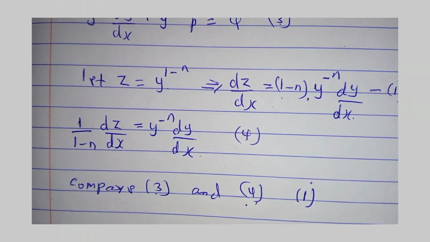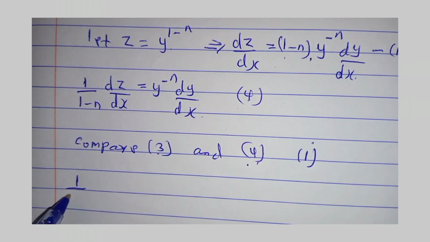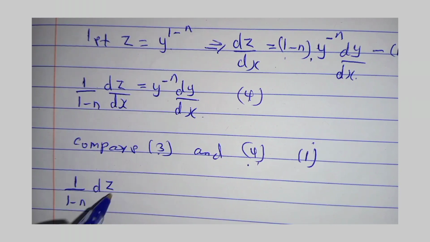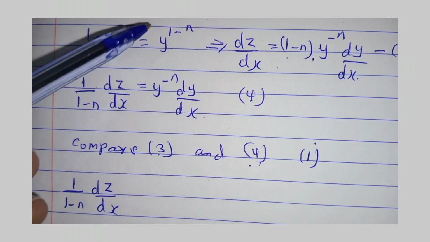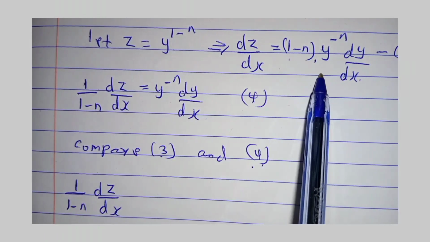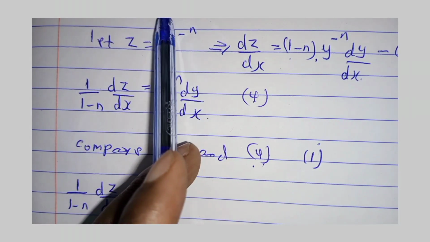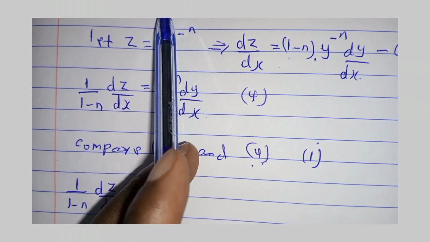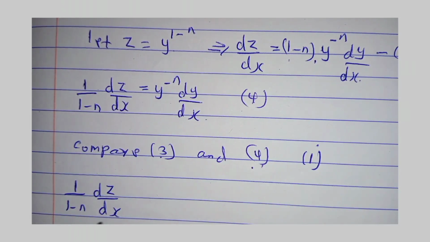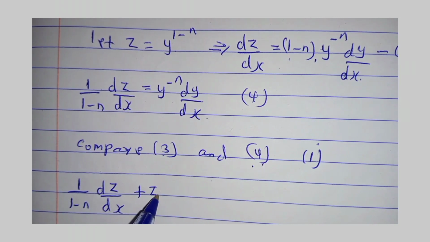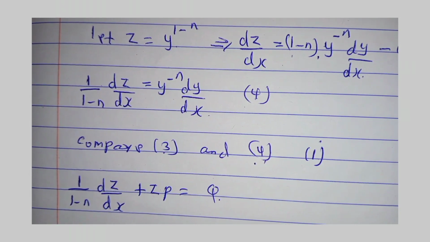So from 4 we have 1/(1-n) dz/dx, and here where you have y^(1-n), we are going to substitute it with z. So plus zp, which is equal to q.